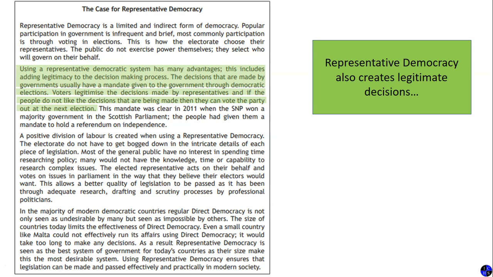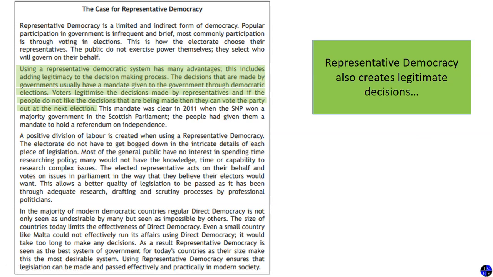Jumping down to the third paragraph, it talks about a division of labour as a result of representative democracy, meaning that unlike direct democracy, not everybody has to be involved in politics and making these political decisions and finding out information about them. So there's a division of labour, freeing people up to do other stuff. People don't get bogged down with the details like they have to do under direct democracy.